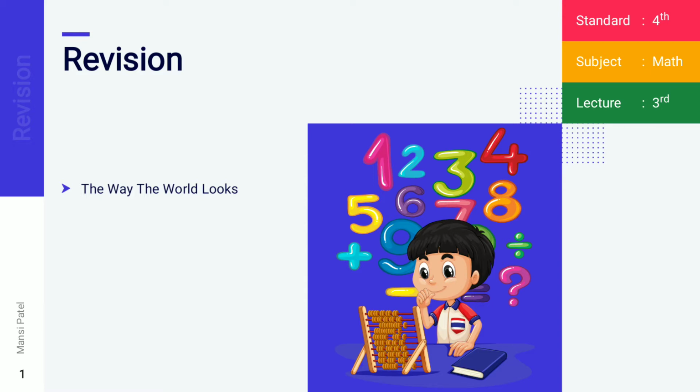In this chapter, we studied directions, some sums regarding the dice, and we solved some question answers regarding the map. And the main thing, we studied the different types of views. So let us begin today's revision session for the semester first exam of chapter number 5.